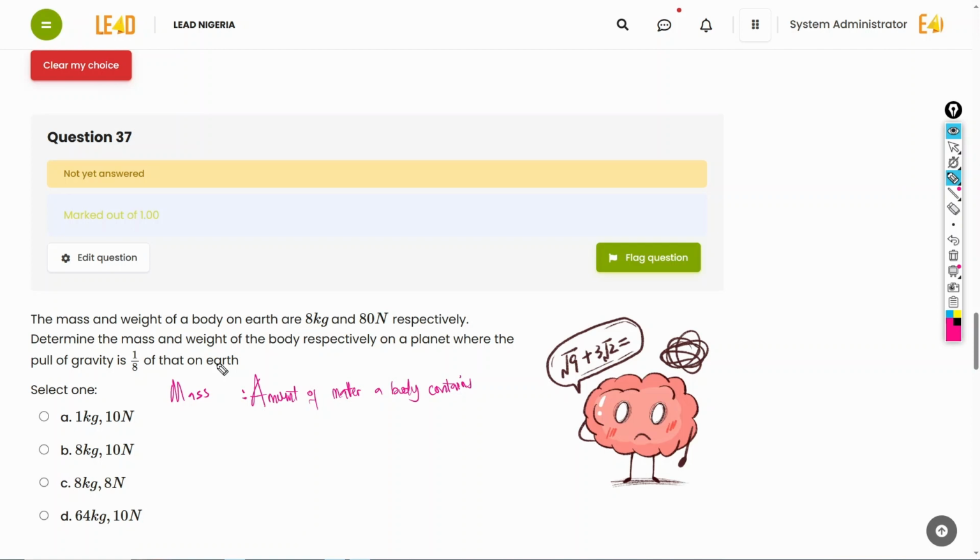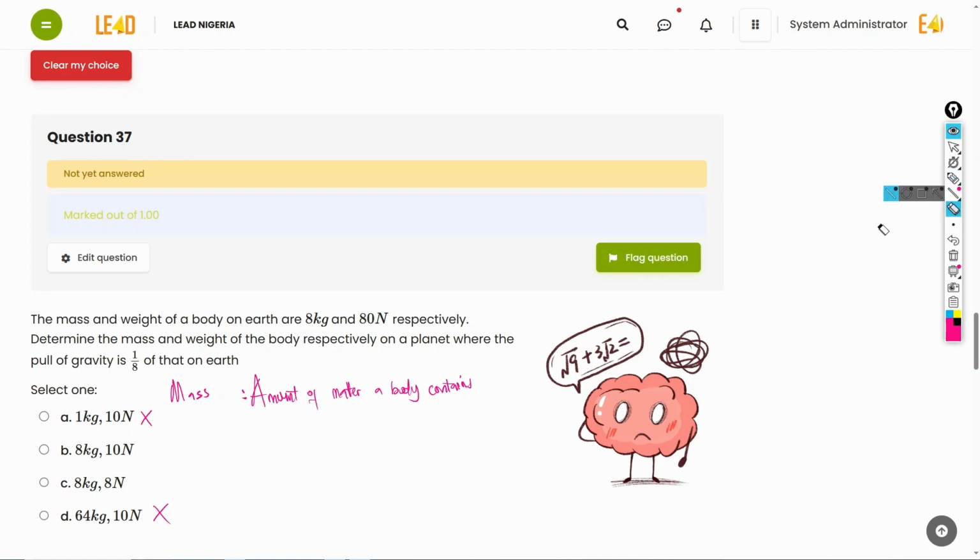But the ability of the planetary body to pull you towards itself, which is weight, depends on a number of factors, so that would change. Weight depends on the planet. So the first thing is we can eliminate the options that have different masses. Those are wrong.